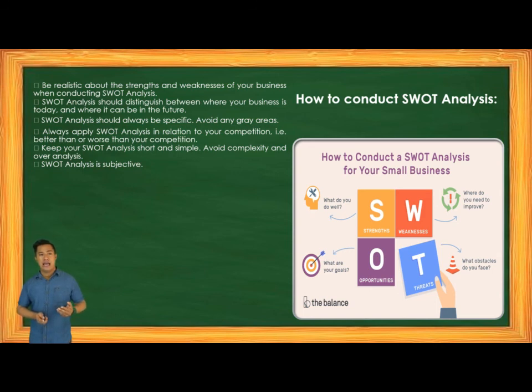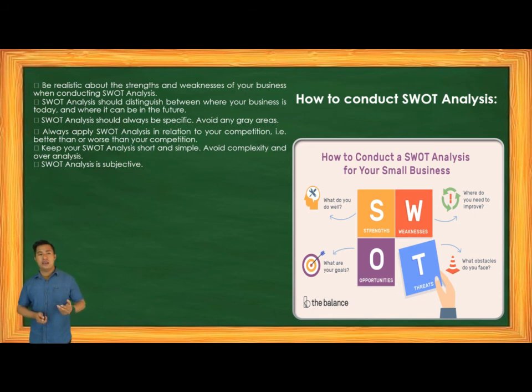Also, SWOT analysis should distinguish between where your business is today and where it can be in the future. Also, SWOT analysis should always be specific and avoid any gray ideas.